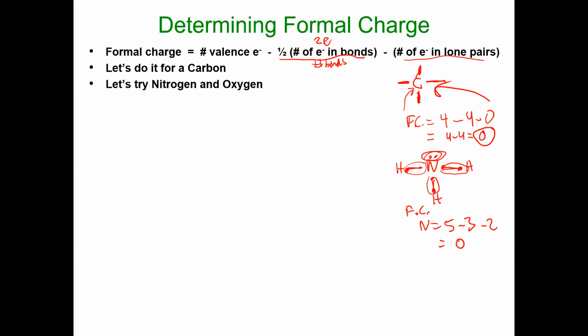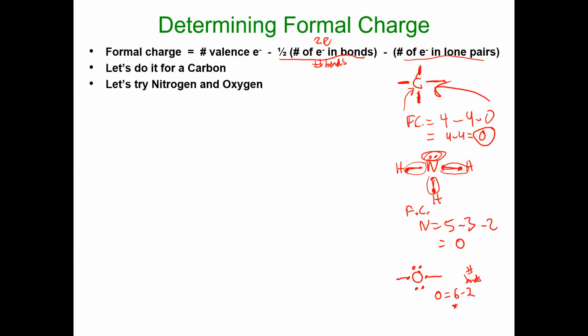We could do the same thing for oxygen. So oxygen, valence electrons is 6, but it likes to have an octet, so it forms 2 bonds. Now, for oxygen, what's the formal charge? 6, minus 2 bonds, these are the number of bonds for my formal charge.